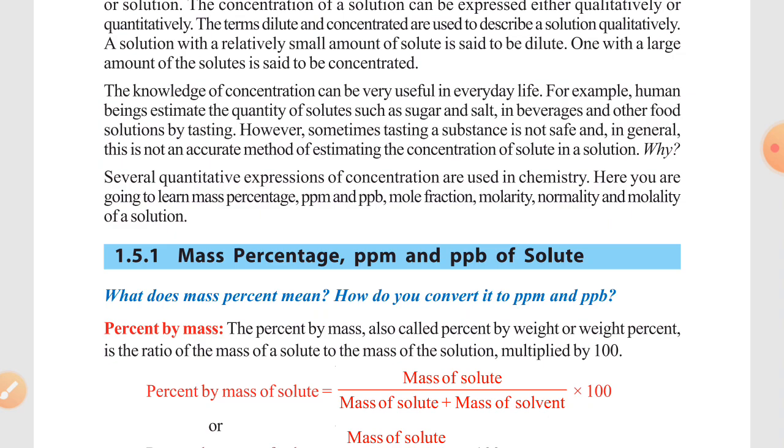It can be harmful. And in general, this is not an accurate method of estimating the concentration of solute in a solution. So several quantitative expressions of concentration are used in chemistry.